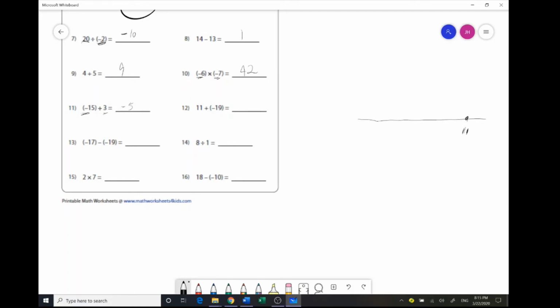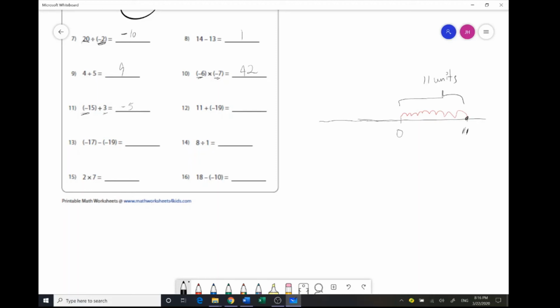From 11 to 0, if you have to do it step by step, here you move 11 units to the left.